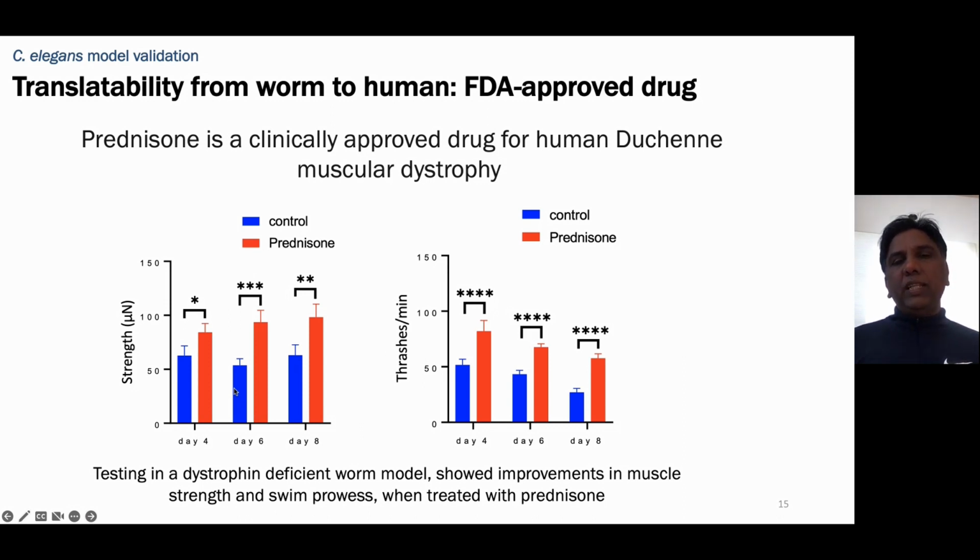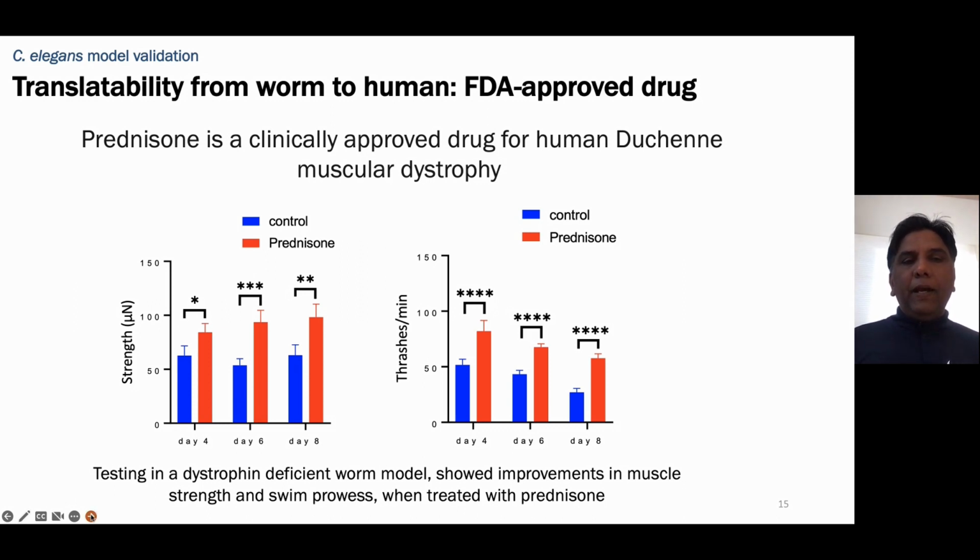So we looked at the strength and the swimming prowess, which you see here, and we indeed find that treating worms with this drug improves the function of the muscles, indicating that a drug that is being used in humans is indeed translatable to C. elegans.